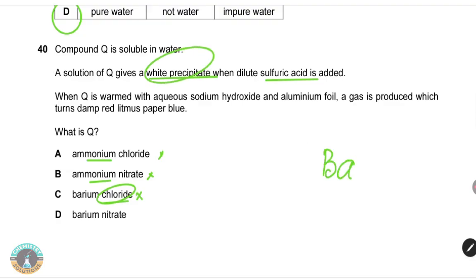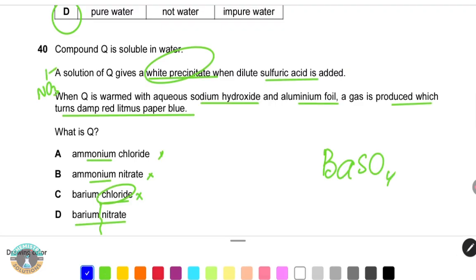So barium sulfate is the precipitate which will form from barium nitrate. When aqueous Q is warmed with sodium hydroxide and aluminium foil, a gas is produced which turns damp red litmus paper blue. So this is the test for nitrate ions. Two ions are confirmed: barium with barium sulfate, and the nitrate ions.